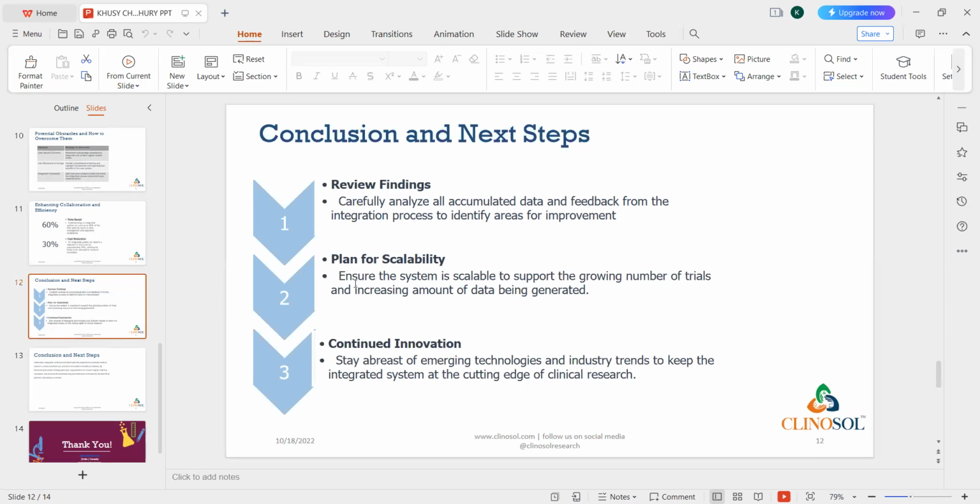Plans for scalability: ensure the system is scalable to support the growing number of trials and increased amount of data being generated. Continue innovation: stay abreast of emerging technologies and industry trends to keep the integrated system at the cutting edge of clinical research.